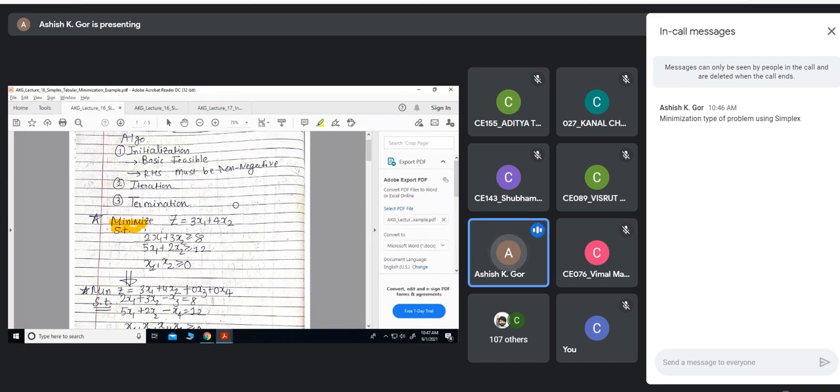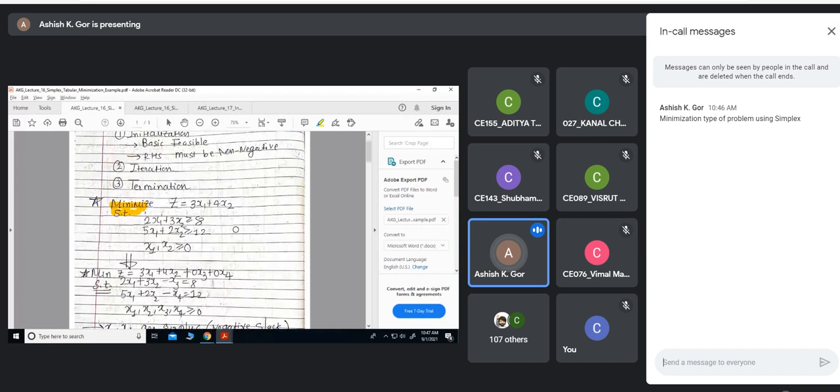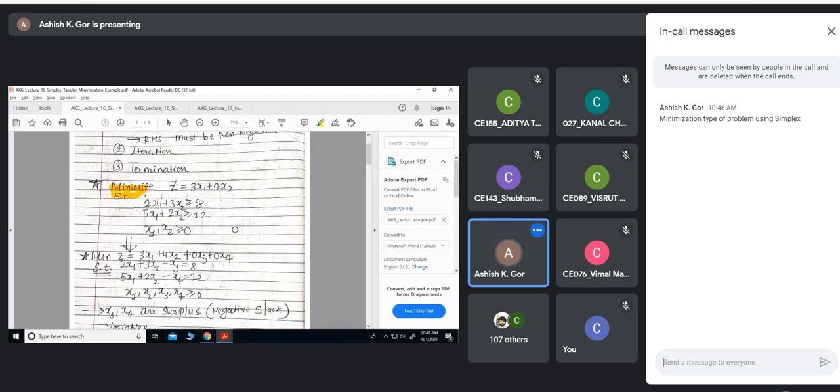So what is the problem? If you apply the same method as the maximization method, the problem is as follows. I have to remove something positive in order to make this greater than equal to into equals to. So I subtract some positive value x3 and some positive value x4, so that this greater than equal to becomes equals to.